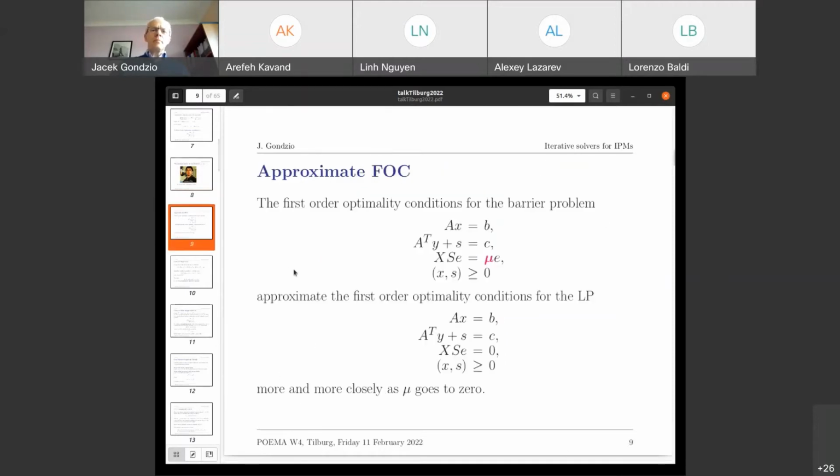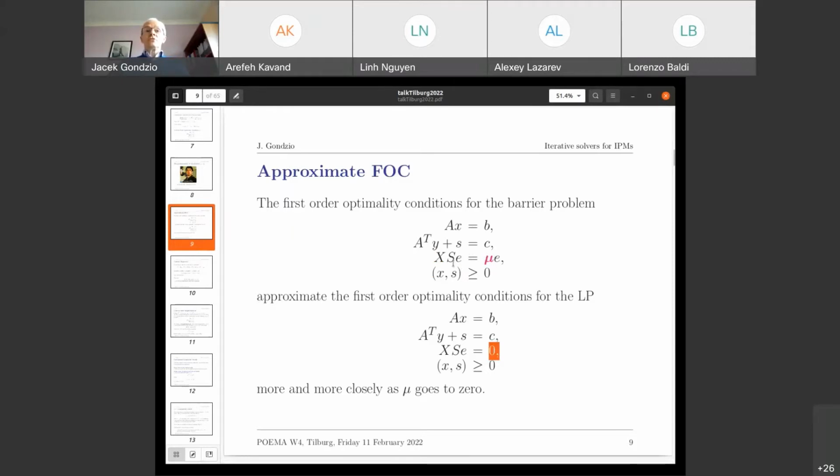But going back to my interior point methods, we will now have a new form of first order conditions in which complementarity, previously with a 0 on the right hand side, is now different. The complementarity condition is now really not a complementarity condition.